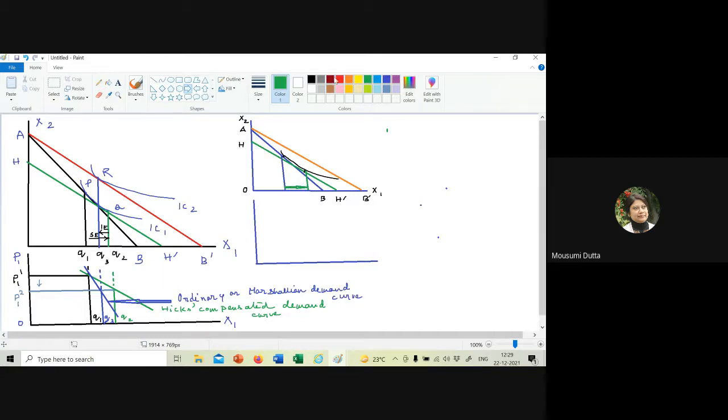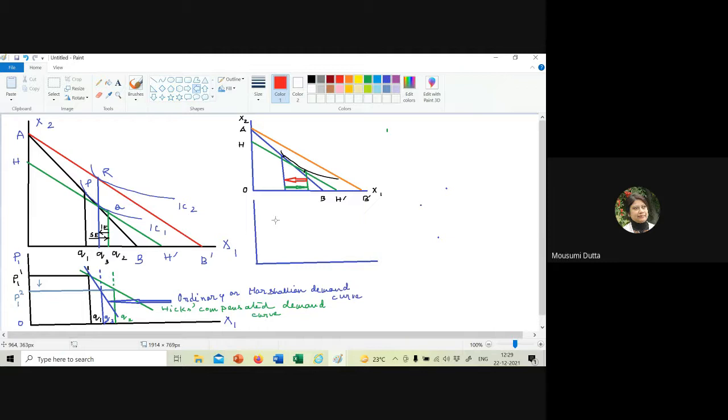This is the substitution effect. I'll consider the opposite income effect in such a way so that the income effect is exactly equal to that of the substitution effect.